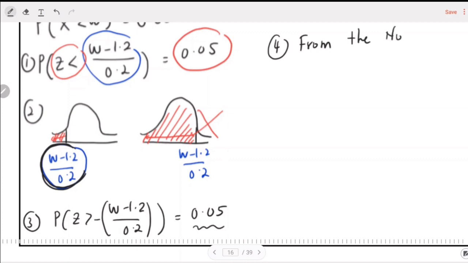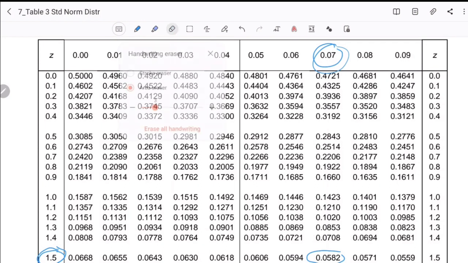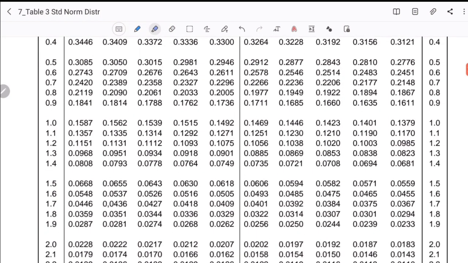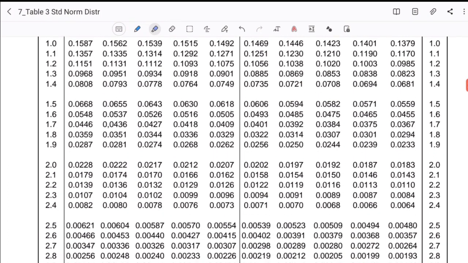So from the normal distribution table, find the value of Z that will give us probability 0.05. So take a look here, 0.05. We don't have exactly 0.05. It's either 0.0505 or 0.0493. So we take the closest one.